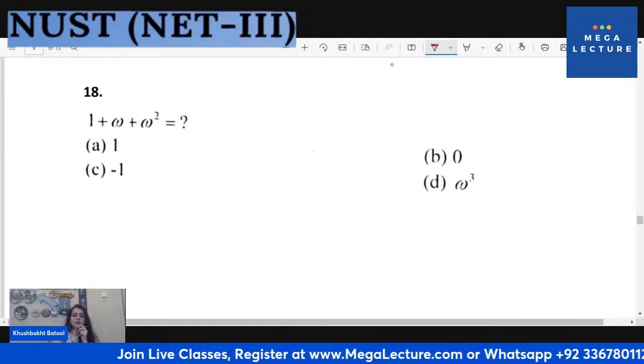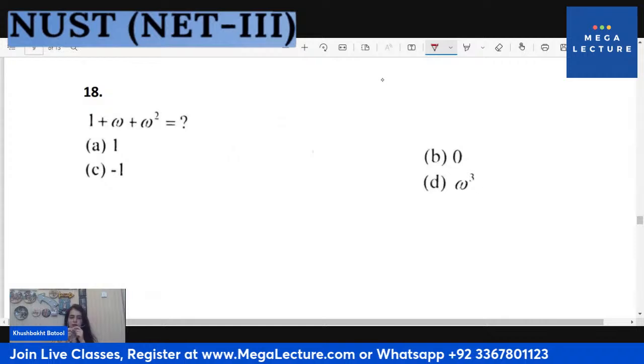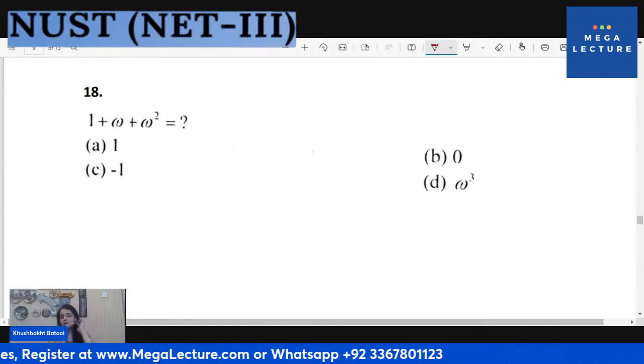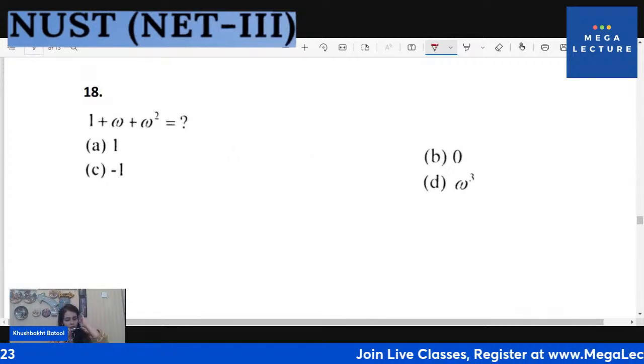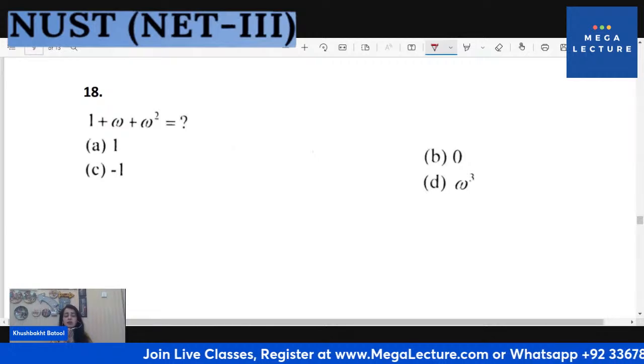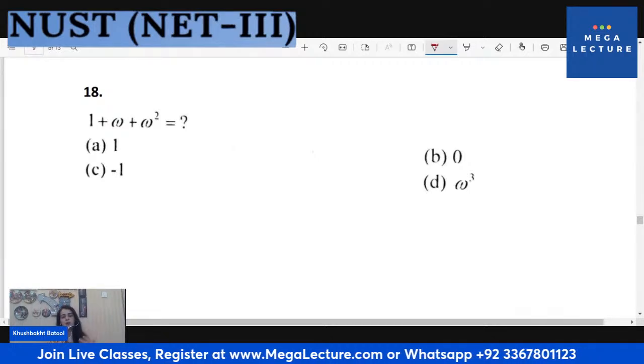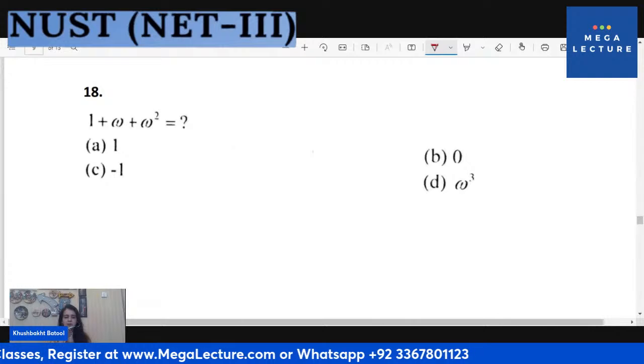Now you need to find the sum of these three. You should always remember for such questions that whenever you add the three cube roots of unity, it would give you 0, and whenever you multiply them, you would get 1. But since we are doing it right now, let's do it completely.